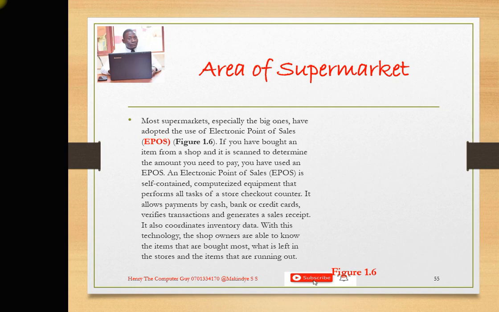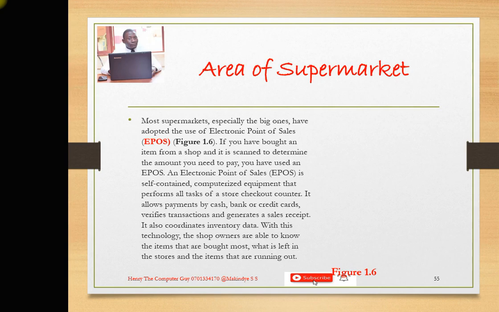Point of sale. So the attendant is going to get that product, identifies the price of that commodity, then enters the information into an electronic point of sales. Remember, it can help us to make analyses of the products we have even sold. That is what we call an electronic point of sale.